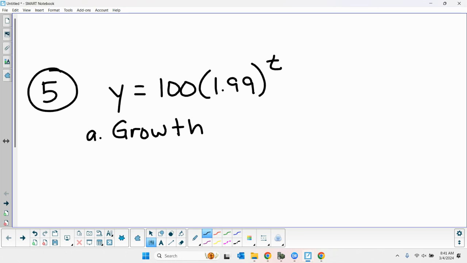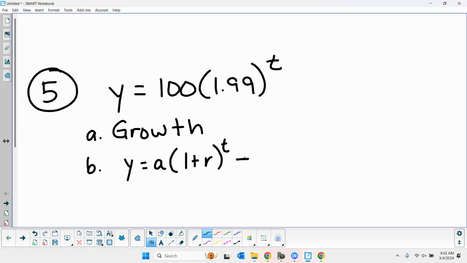It says identify the hourly percent increase. Okay, so remember growth, our little equation we learned last week was y equals a, the initial amount, times (1 plus r) to the t power, right?